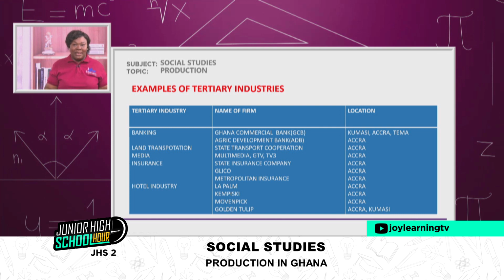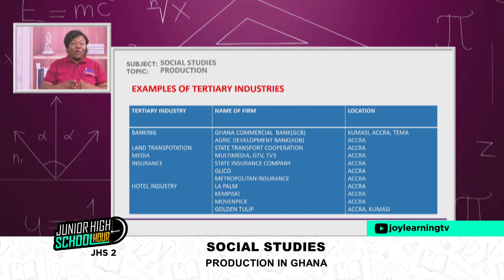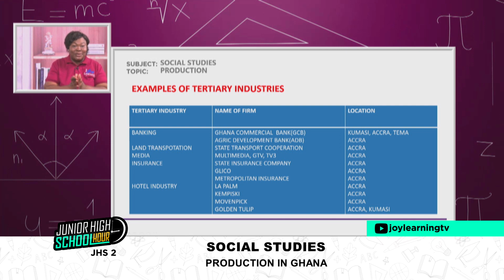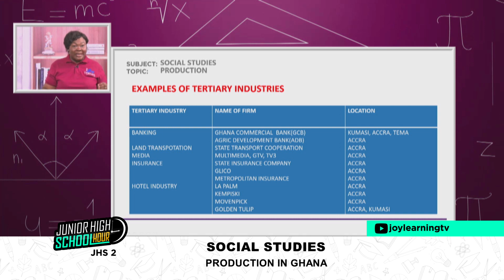But the popular one is Multimedia, right? Then we have insurance. We have State Insurance Company, and then Glico, Metropolitan Insurance, all located in Accra, Kumasi, Takoradi, Ho, Sunyani, and others. Then lastly, we have the hotel industry.